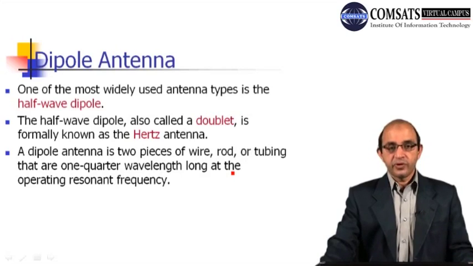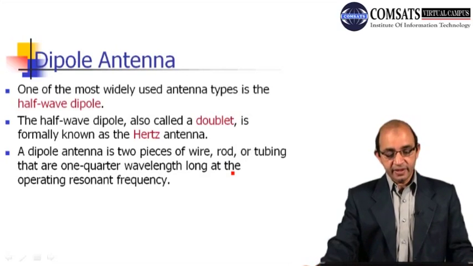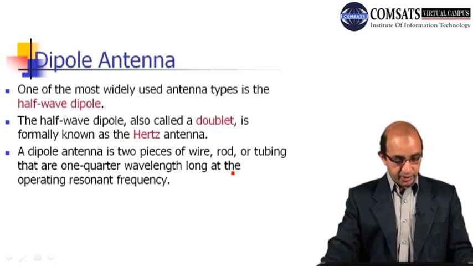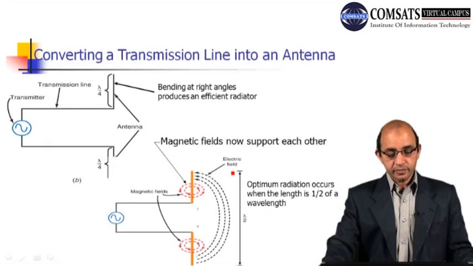So if we have a transmission line or maybe a wire, we cut the wire in such a way that it has a length of 1/4 of the wavelength. And then we can bend the two ends in such a way that it will create a dipole antenna. So here is the way that we can have a transmission line converted into an antenna.